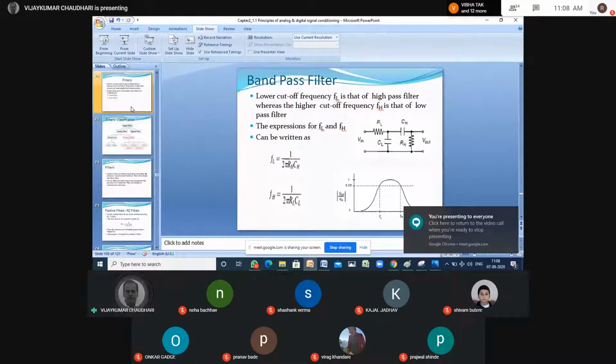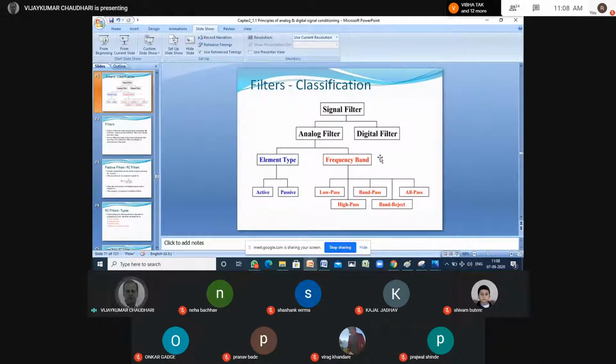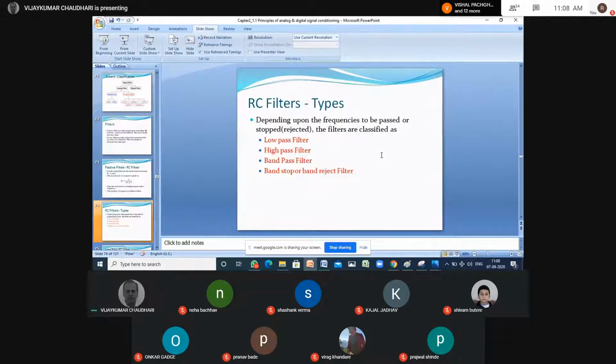So last lecture started from classification, types of passive filter based on band of frequency: low pass, high pass, band reject.